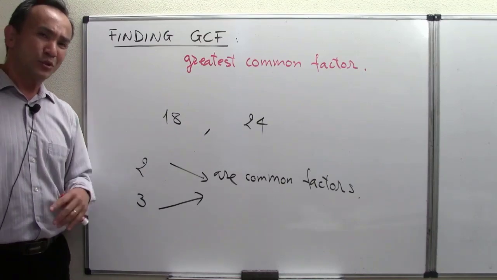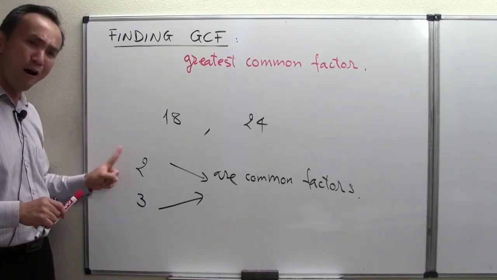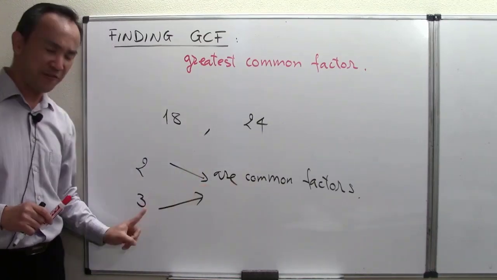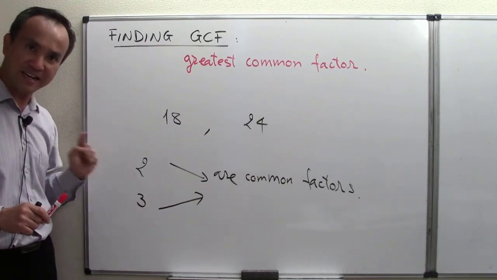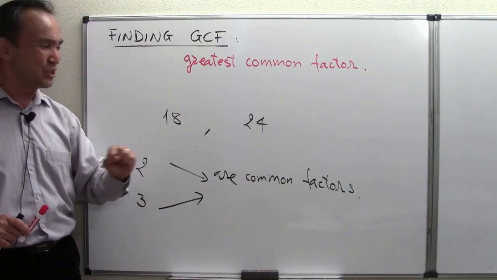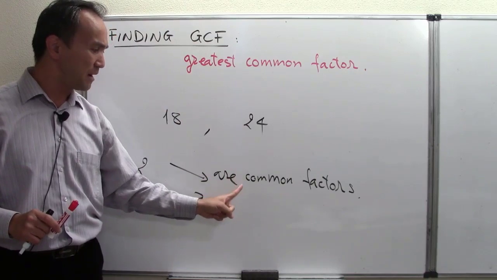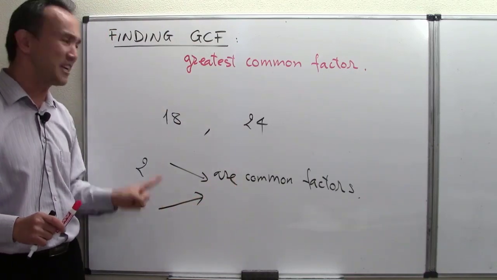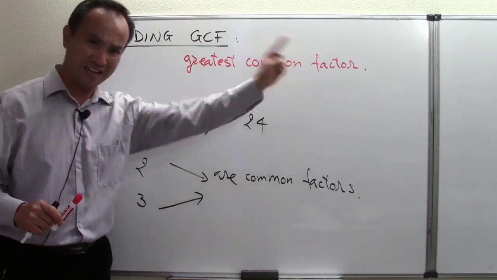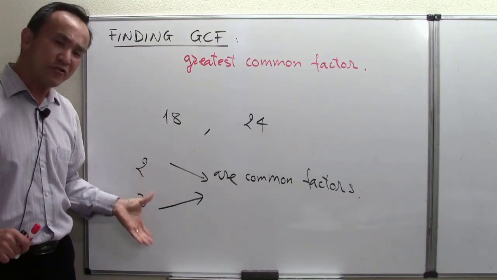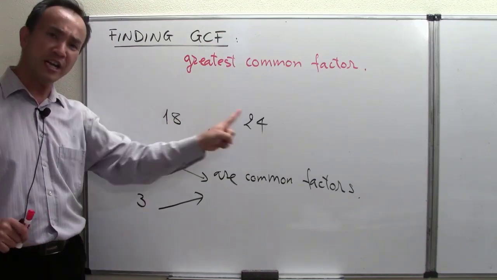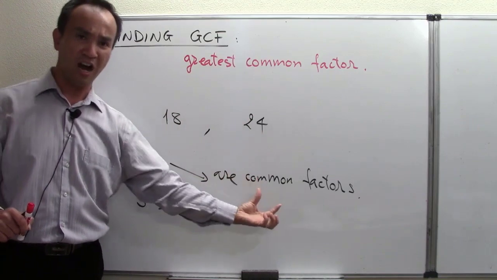And so that comes to the idea, hey, among the common factors we have already found here, 3 is greater than the other one. And that's where it leads to the understanding, hey, let's learn how to find the greatest common factor. So I did that brief introduction for you to realize between any two numbers, there will always be some common factors.